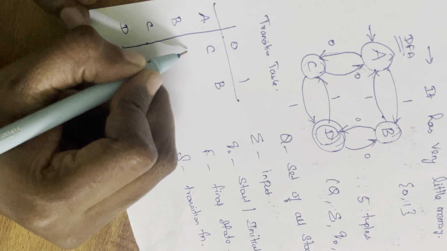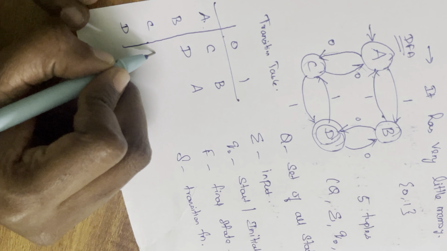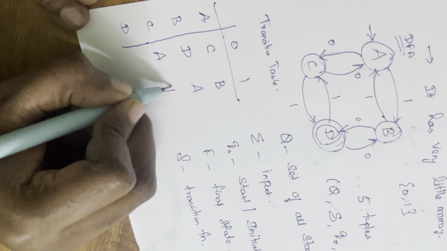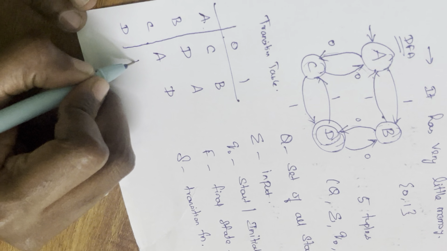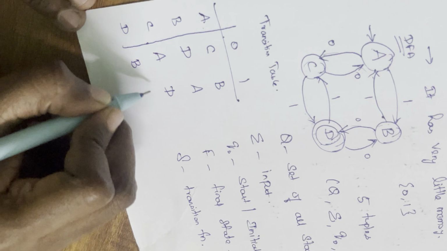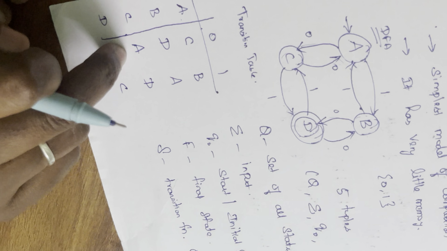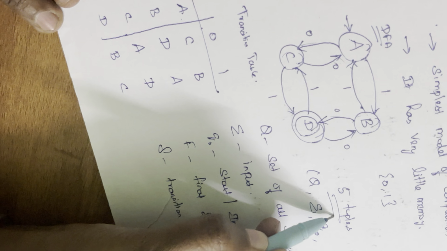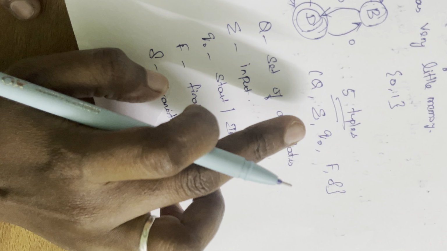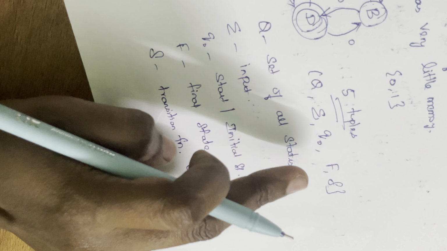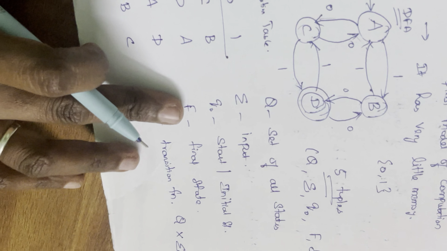B when 0 goes to D, B when 1 goes to A, C when 0 goes to A, and C when 1 goes to D, and D when 0 goes to B, and D when 1 goes to C. So this is the transition table. In a DFA you have 5 tuples: Q, sigma, Q0, F and the transition function, and this is your transition table.